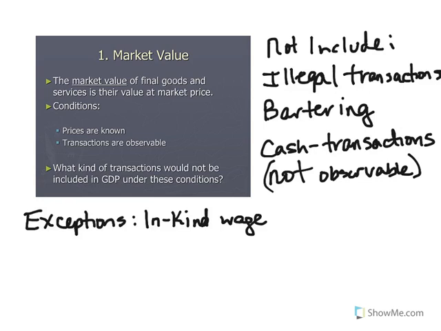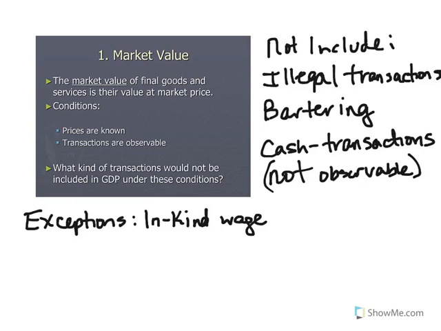Rather than them giving you a paycheck, they gave you room and board. Well, the government will estimate the value of that in-kind wage and then include that in GDP. So that would be an exception that doesn't necessarily meet those criteria where the prices are known and the transactions are observable. However, the government does estimate the value of that activity.